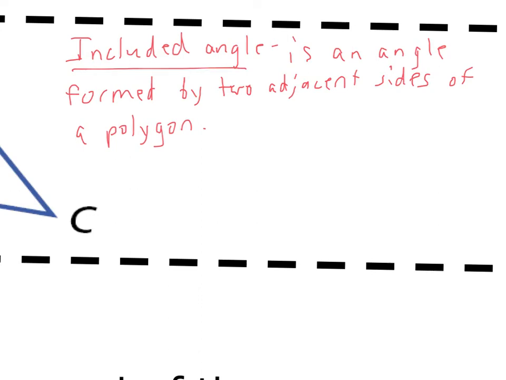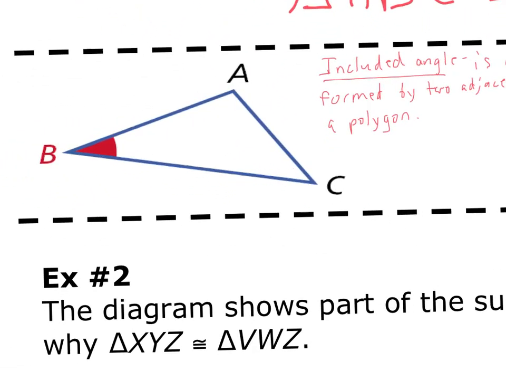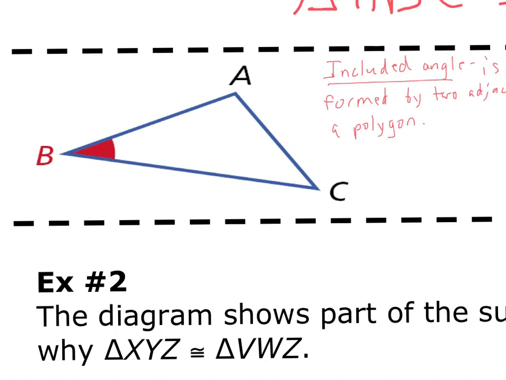Okay, so if you look at the picture right here of this triangle, we look at angle B, this guy right here. It is going to be an included angle between AB and BC. Okay?